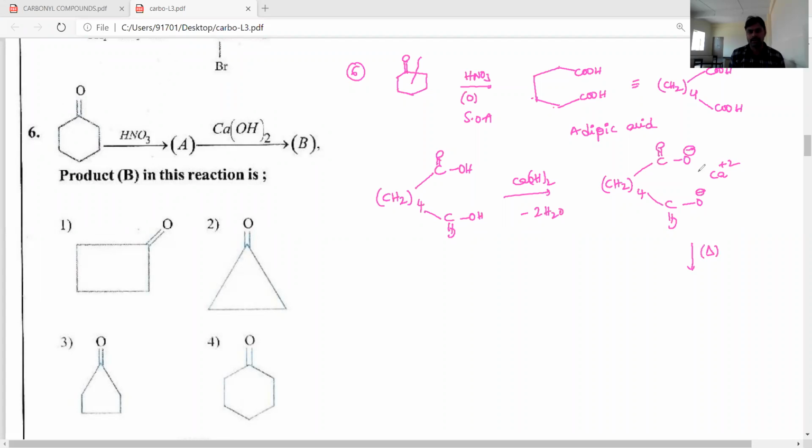Upon heating, there is loss of calcium carbonate, CaCO3, and a cyclic ketone will form. We already discussed the preparation of ketones from calcium salts of carboxylic acids. Here one carbon less forms. How many carbons are present here, dear students? Six carbons are present, and the resultant product has only 5 carbons: CH2 four times and C=O.